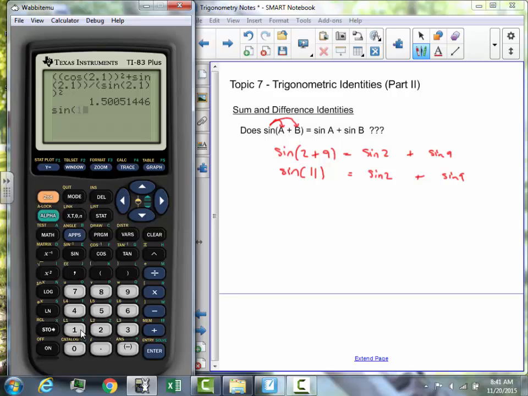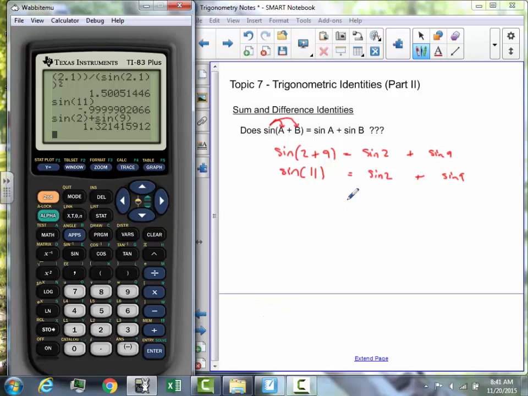So we'll just test it out. Sine of 11. It doesn't even matter whether you're in radians or degrees. That's what I got. And then I'm going to do the sine of 2, and I'm going to add the sine of 9. And hopefully you'll agree with me those things are not the same as each other.